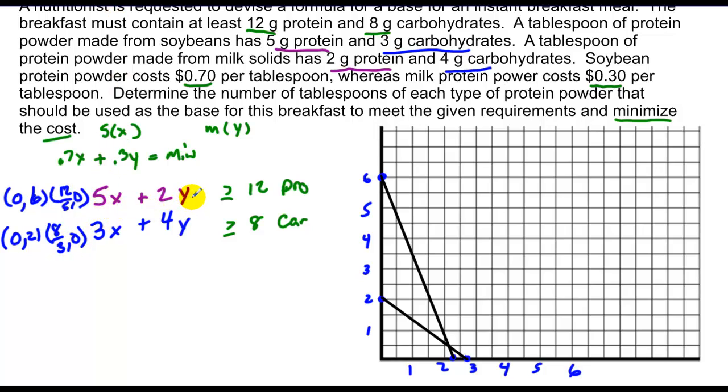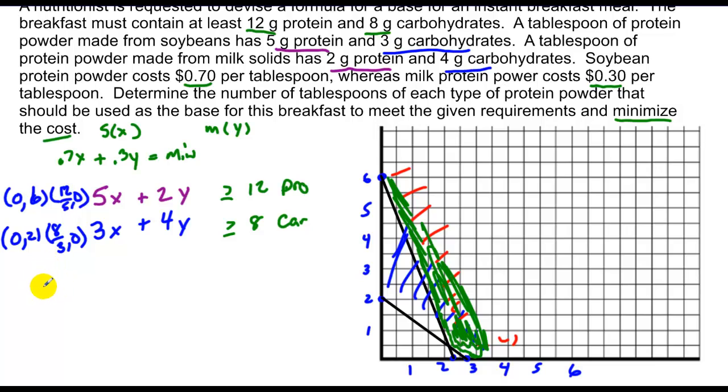And then when I shade these, you'll notice the following. 0 plus 0 is greater than 12. That's not true, so I shade up. And then 0 plus 0 is not greater than 8, so I shade up again. And now my shaded region is on the outside, so color all this in up here, which means I have 3 points I need to look at.